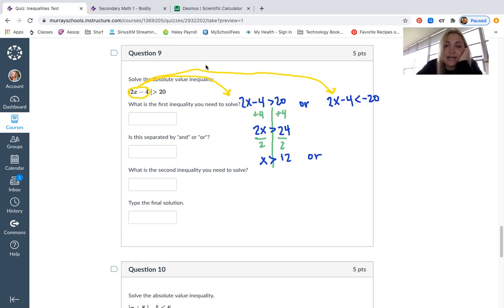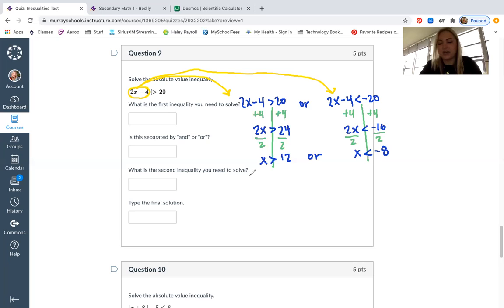On the other side, I begin by adding 4 to both sides, and I get 2x is less than negative 16. Last step, divide by 2, and my final answer, x is less than negative 8. So I have x is greater than 12, or x is less than negative 8.